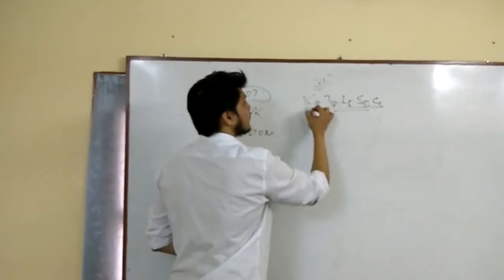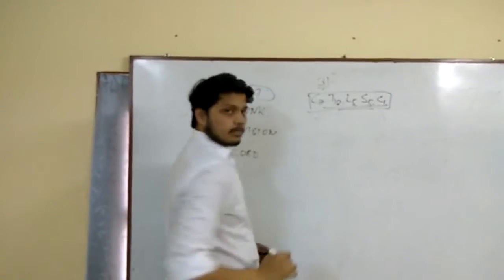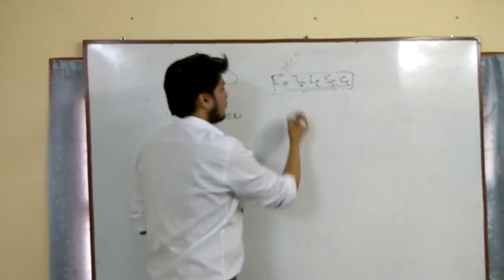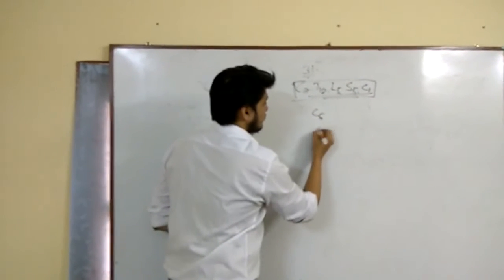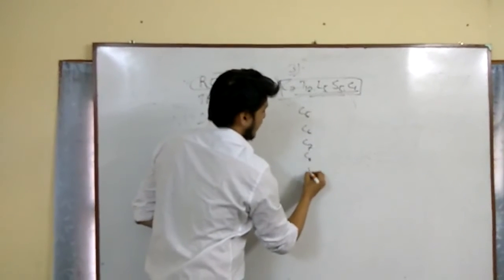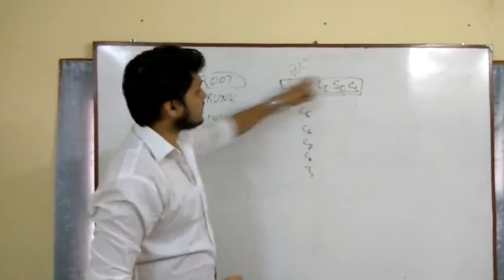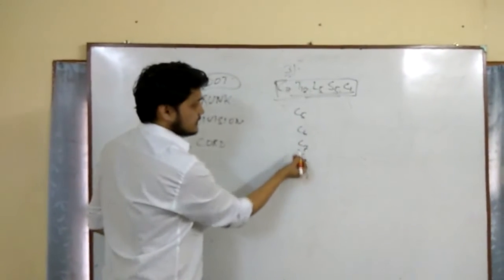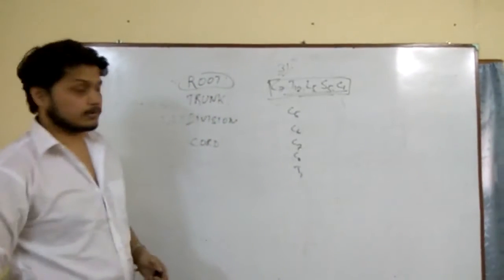So this is the formula of the spinal nerves. We are going to deal with the C5, C6, C7, C8 and T1. From this we are taking these 5 segments.